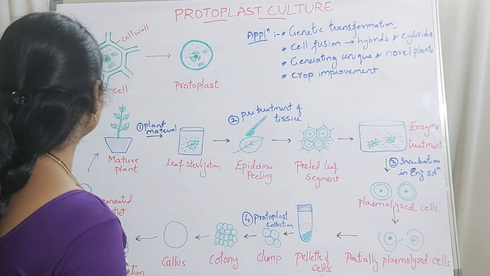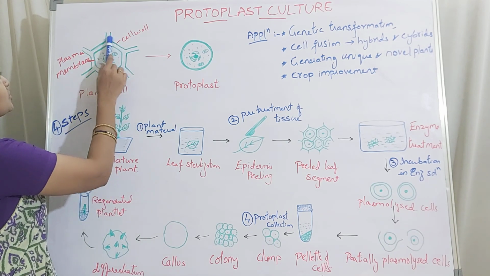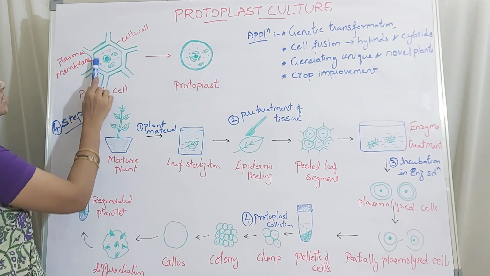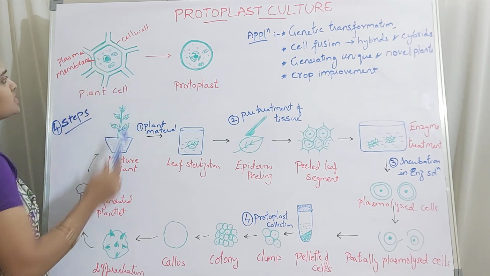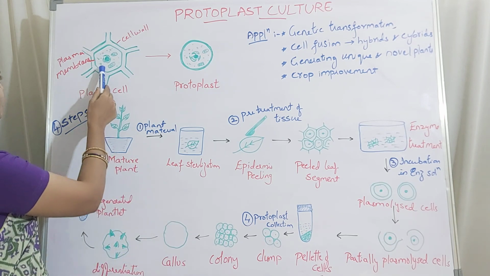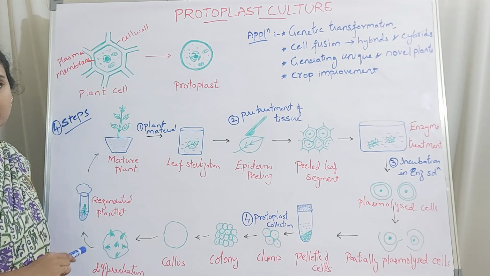So here, this is the structure of plant cell where it consists of rigid cell wall, right? And here you have all the cell components such as nucleus, Golgi apparatus, mitochondria, chloroplast, ribosomes, and all the components are enclosed inside the plasma membrane.